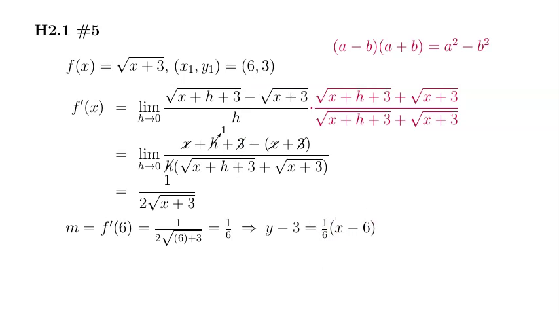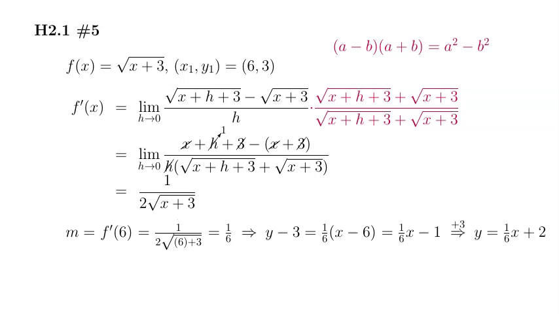If you distribute 1 over 6 to x and negative 6, you end up with 1 over 6 x minus 1, right? Because the 6 cancels out. Then if you want to isolate y, you have to get rid of this negative 3, we can simply add 3 to both sides. So you end up getting y equals 1 over 6 x plus 2.